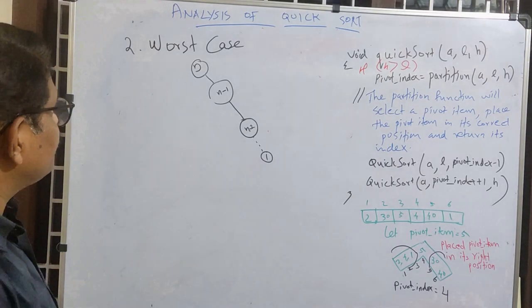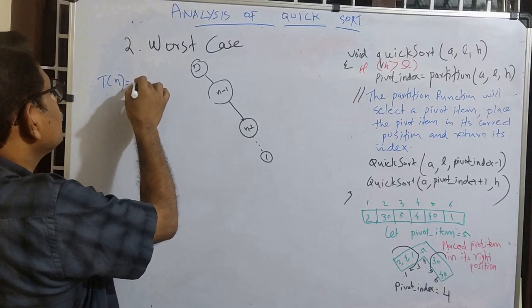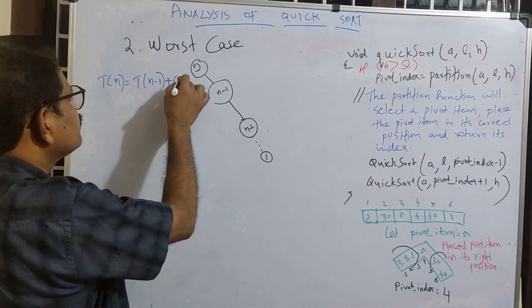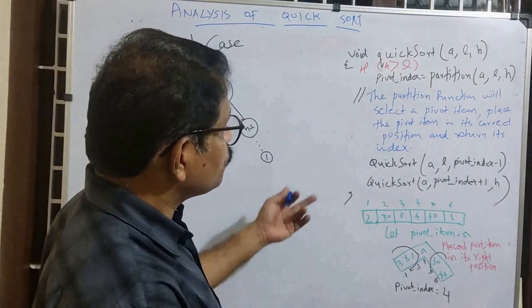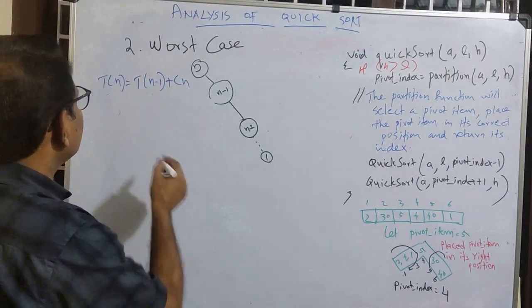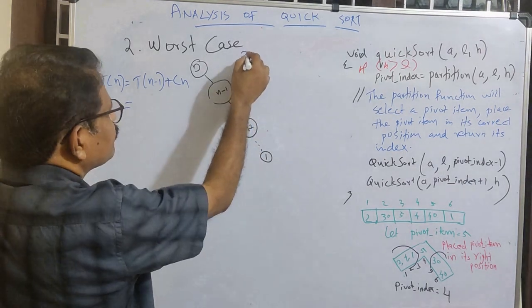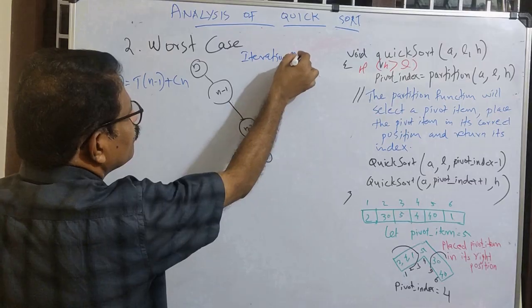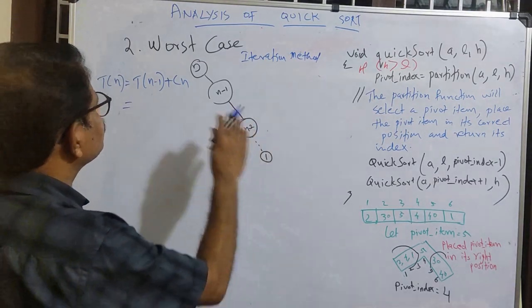The recurrence equation will be T of n equal to T of n minus 1 plus Cn. Cn is the cost of partition. It has to process n elements. Then we are using the iteration method to derive the time complexity.